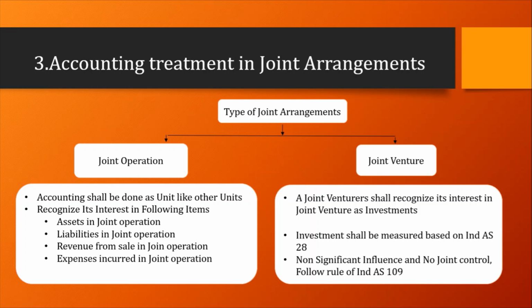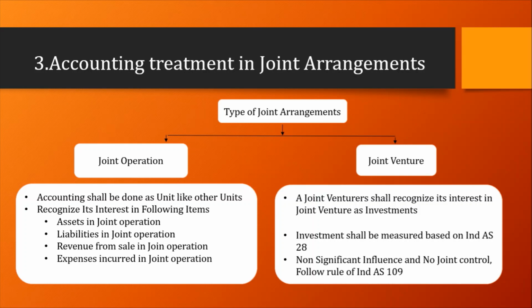Now if it is a joint venture, it will consider this investment as a net of the assets, that is, they will recognize the interest as an investment by following the equity method. For the equity method they will apply the principles of Ind AS 28, Investments in Associates and Joint Ventures.